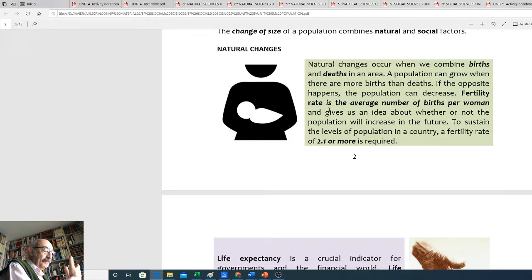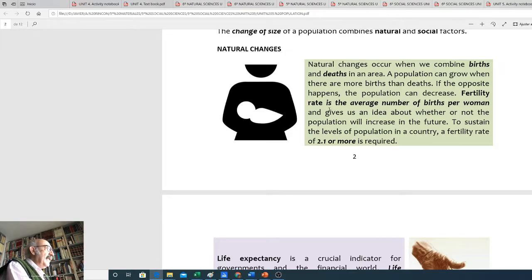So when the fertility rate in a society is more than 2.1, this society can expect to grow. If the number is lesser than 2.1, this population is expected to decrease.